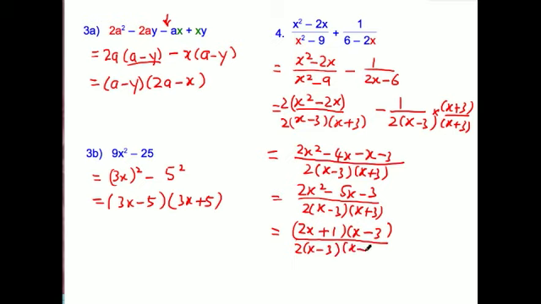As you can see, we can now cancel away the common factor x minus 3. And our answer now is 2x plus 1 over 2 bracket x plus 3. Keep the answer in factorized form.